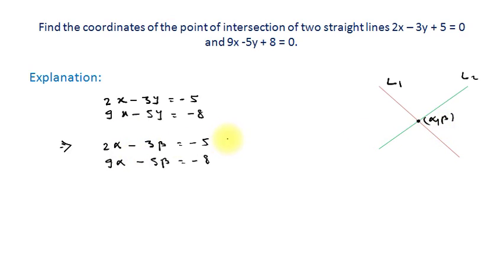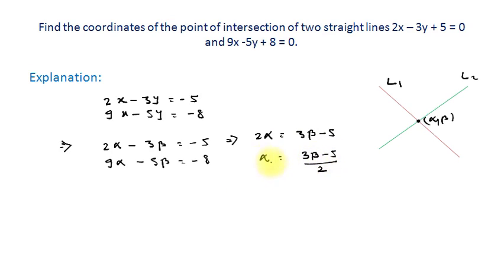Now from here we can write 2 alpha is equal to 3 beta minus 5, so alpha is equal to (3 beta minus 5) divided by 2. It means we have the value of alpha in terms of beta.